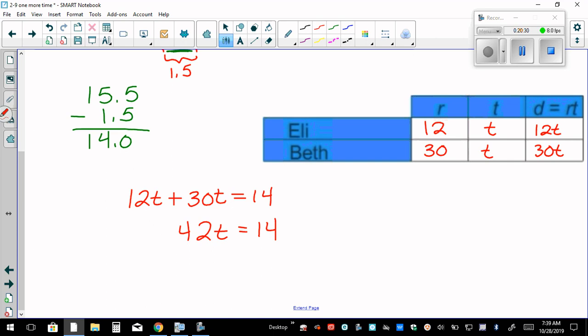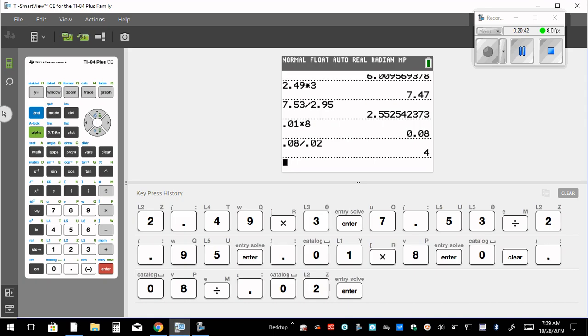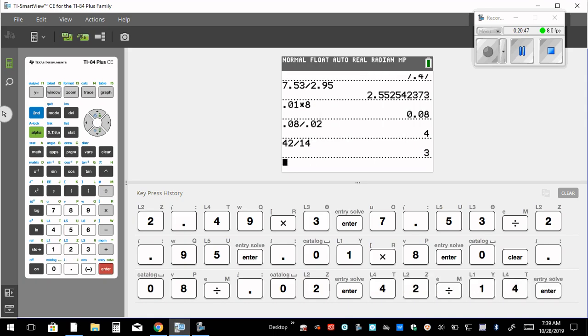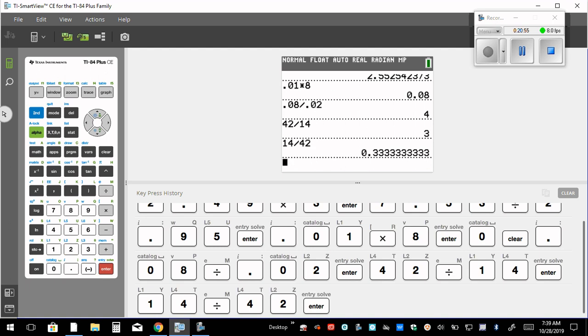If we divide each side by 42, on the calculator, 14 divided by 42 gives me 0.33. So we're just going to call that 0.33.